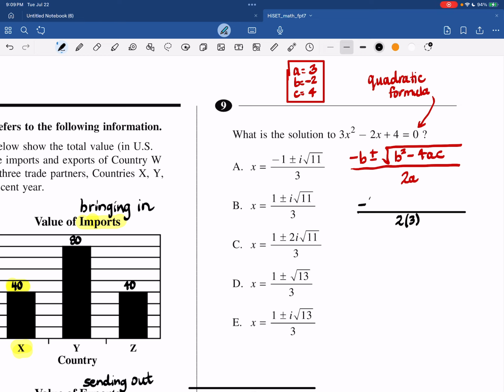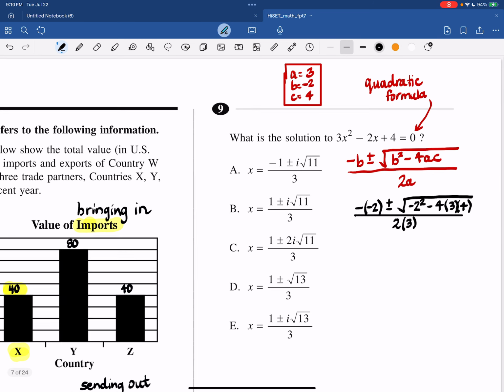Negative B, so that's a negative 2, plus or minus the square root of B. So B is negative 2 to the second power, minus 4 times A times C. The hardest part for me of this problem is remembering the formula. You just use your substitution skills to get the numbers plugged in. And then you go to simplify.